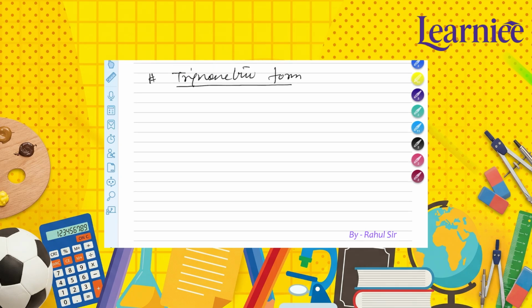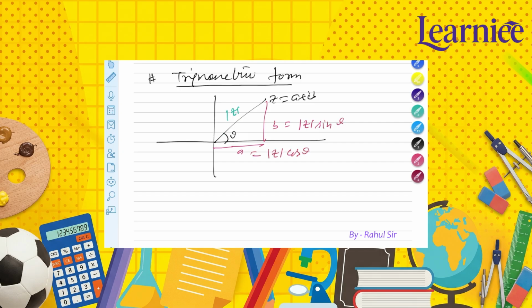Now observe here that any complex number, let's say z, is equal to a plus ib, and this is the principal argument, and obviously this mod z is the modulus. So this is b and this is a. So what is b? b is mod z sin theta, and a is mod z cos theta.